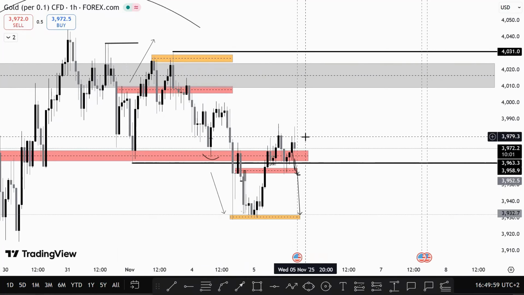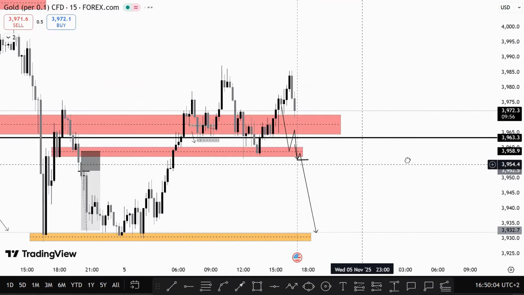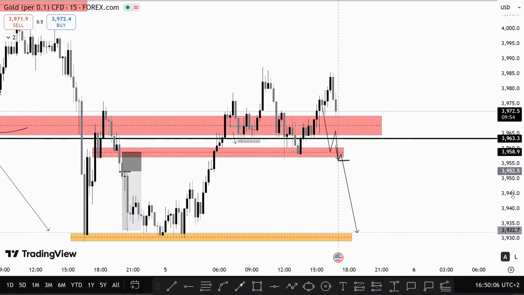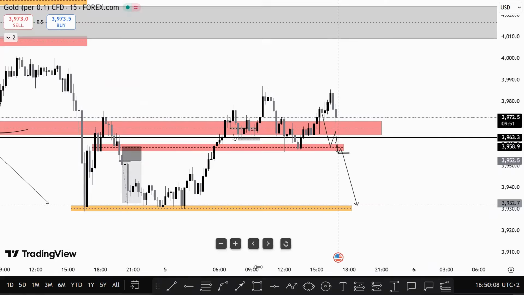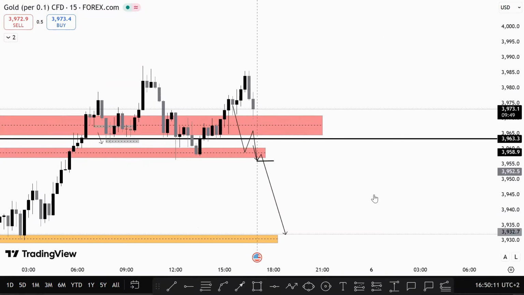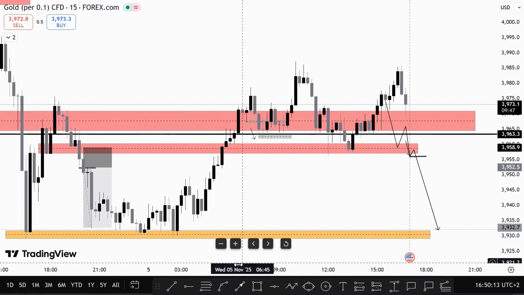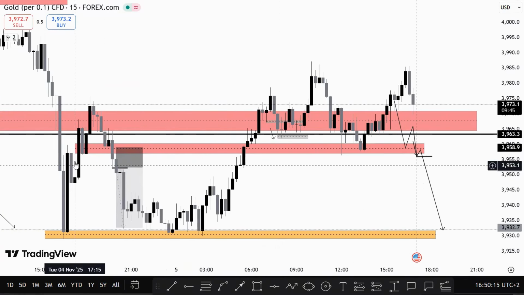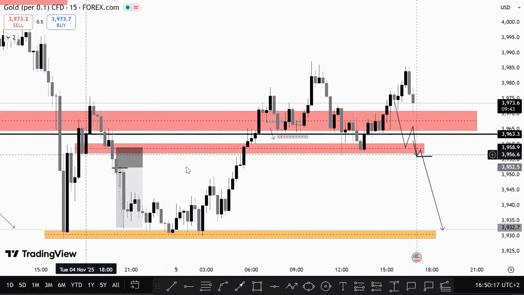But in terms of entry wise, I've always spoken about some places where price has been bouncing off. From here, when price was correcting, this led to this high, right?